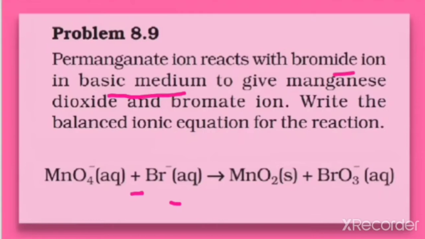We have to balance this equation in the basic medium to give manganese dioxide, with formula MnO2, and bromate ion, with formula BrO3 negative. So this is what is called the skeletal equation.